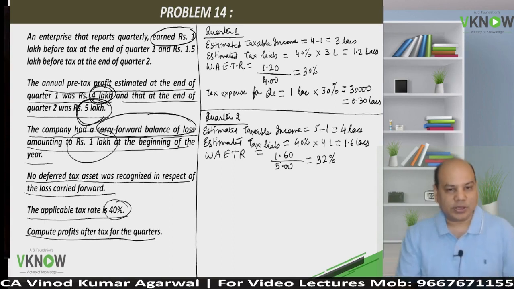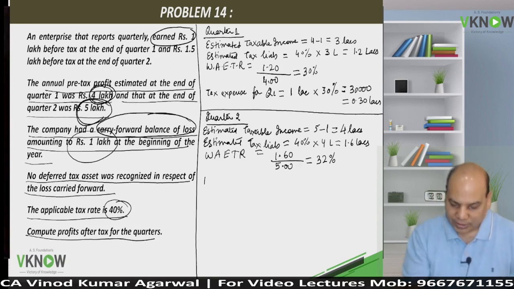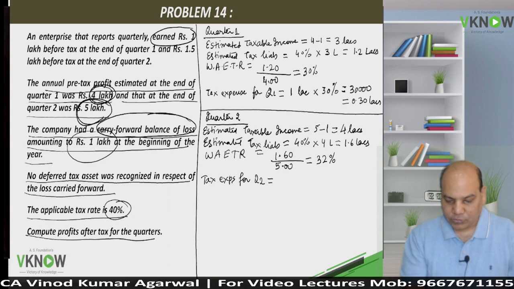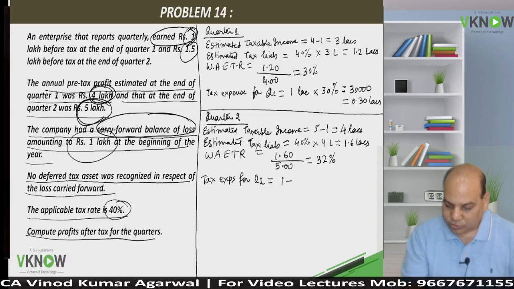I hope this is right. That comes to 32%. Now we'll come to tax expense for quarter 2. What is my total income of quarter 1, 1 lakh, quarter 2, 1.5 lakh. So 1 plus 1.5 lakh into 32%.